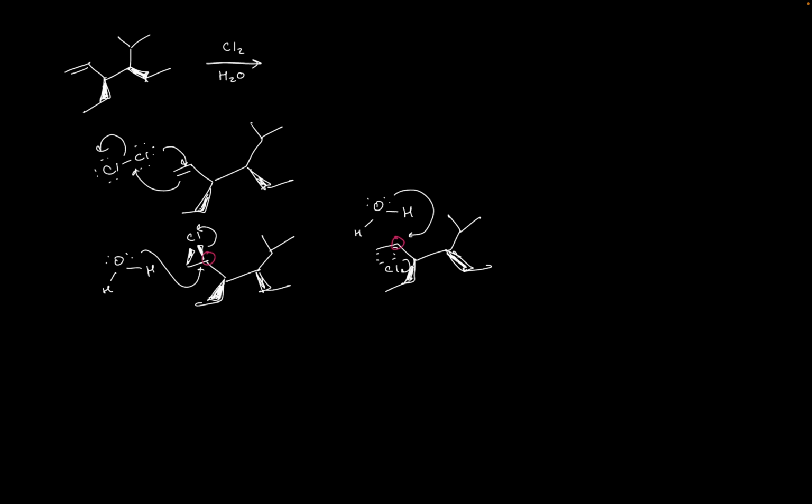So our final product should be, in this scenario, we should have an OH on a dash, and we should have Cl here. I'm not writing stereochemistry for this Cl since it's not a chiral center.